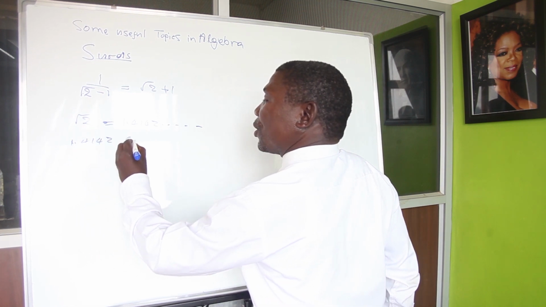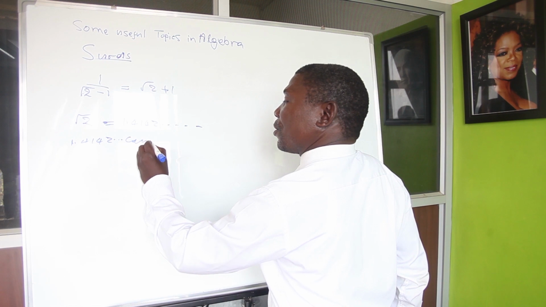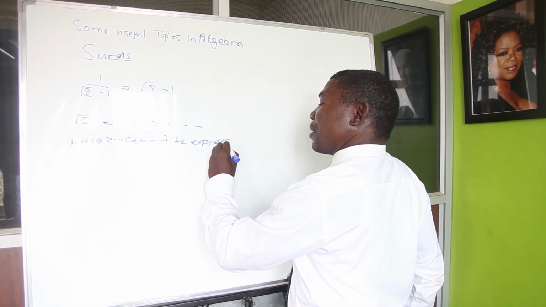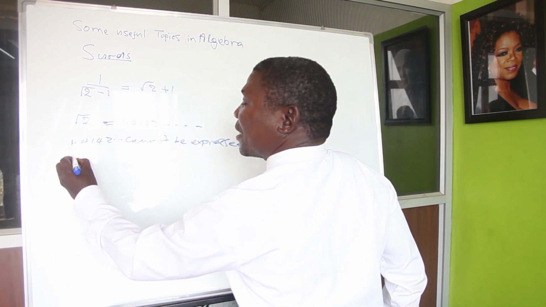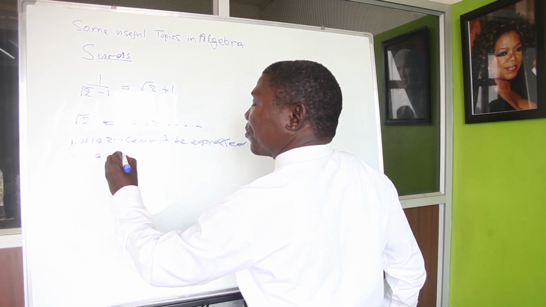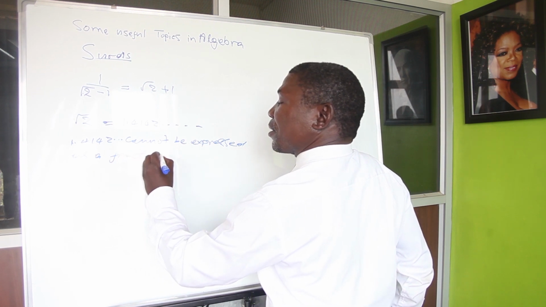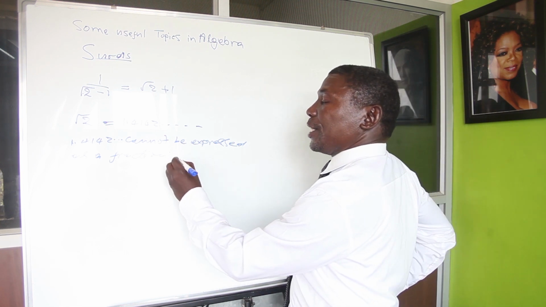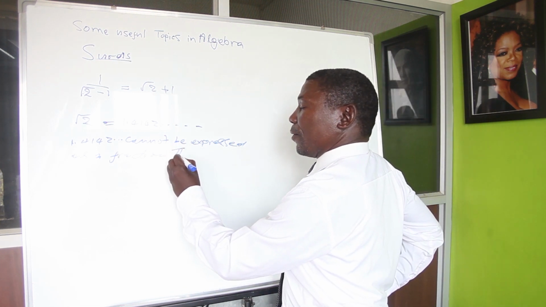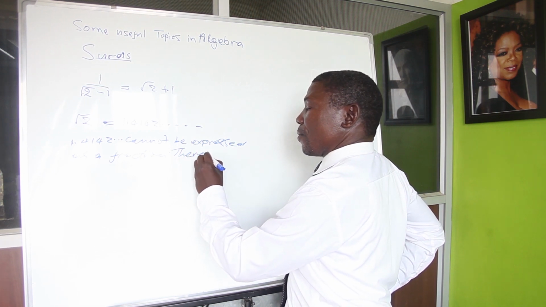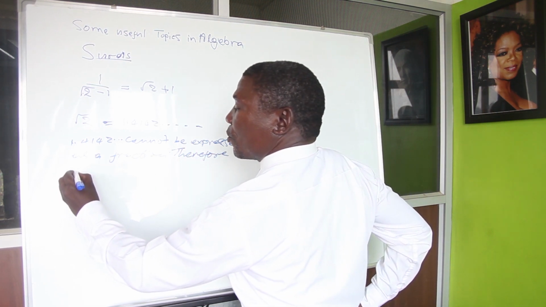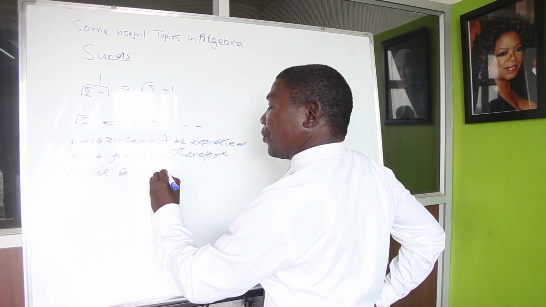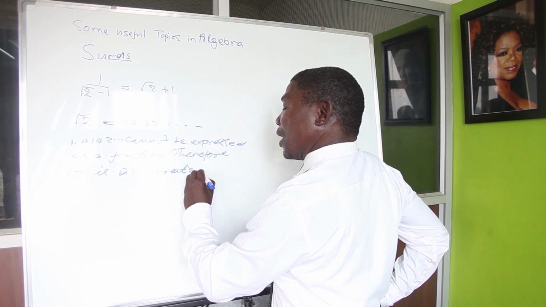Therefore root 2 is an irrational number.